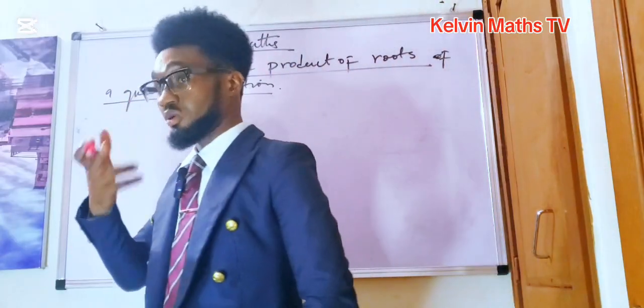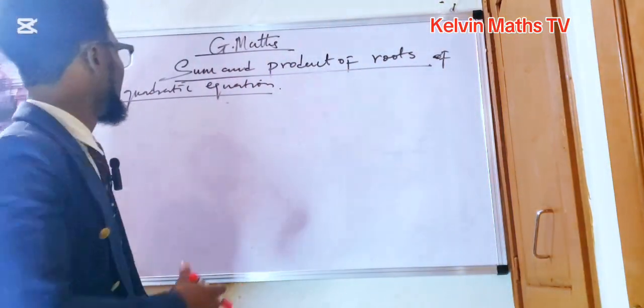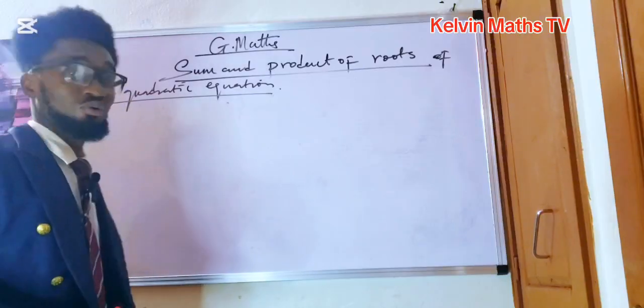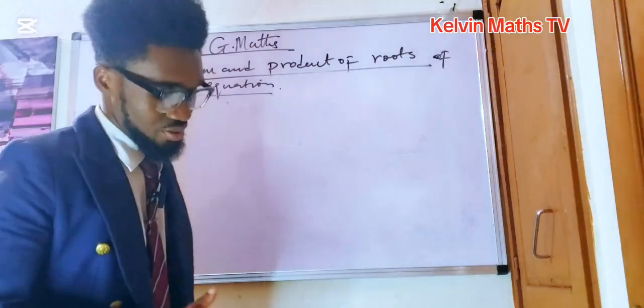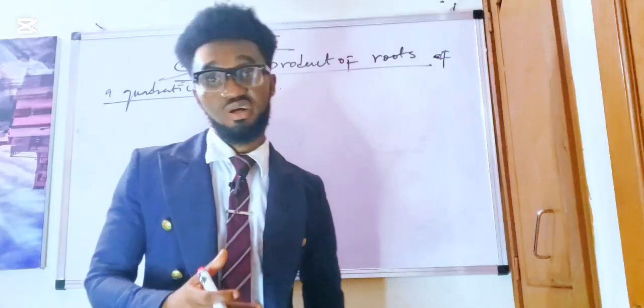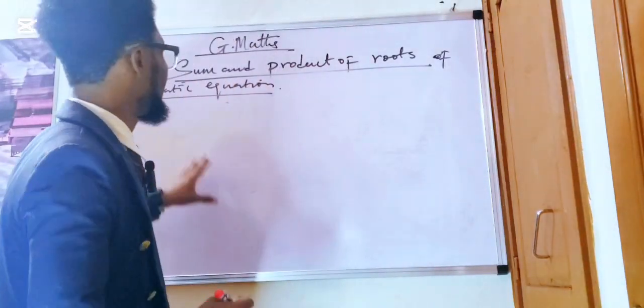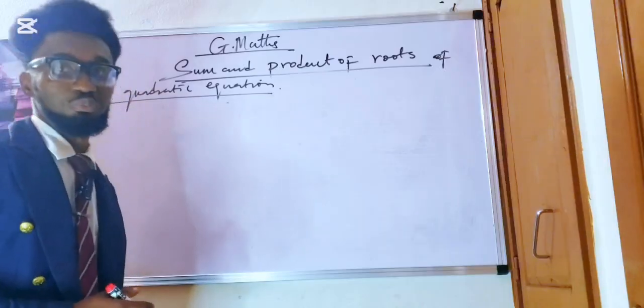Previously in our other video, we made an introduction of this topic, sum and product of roots of a quadratic equation, where we were able to derive the formulas we use in finding the sum and product of roots.